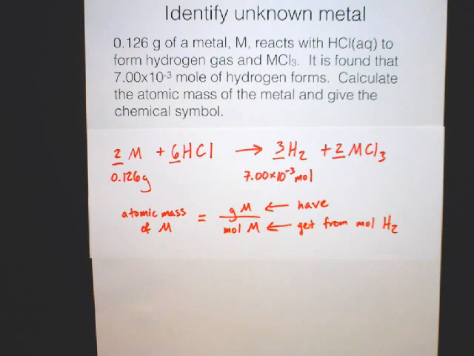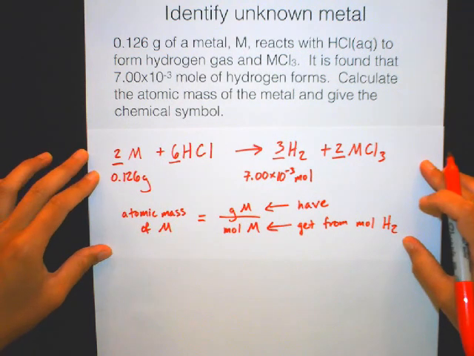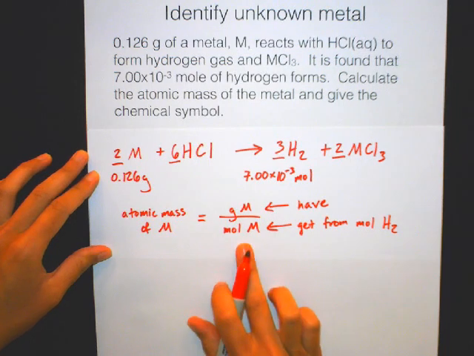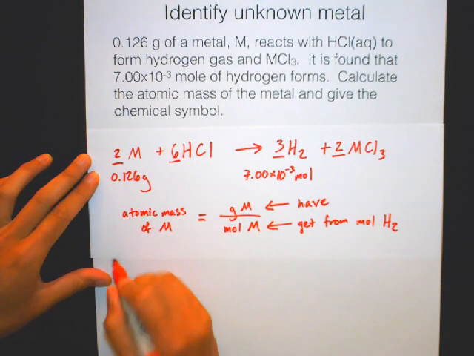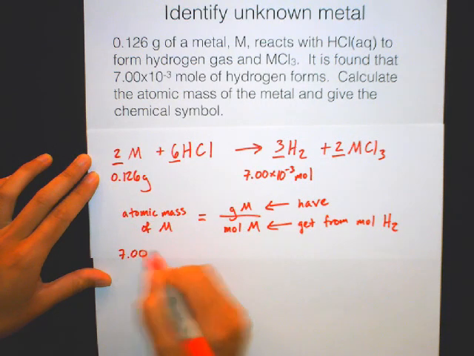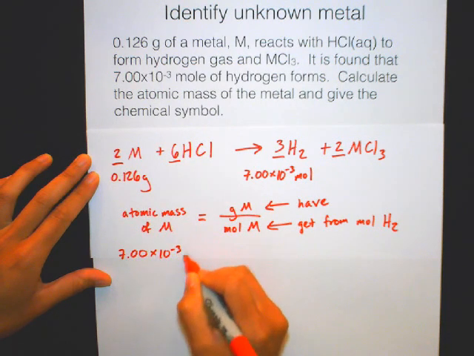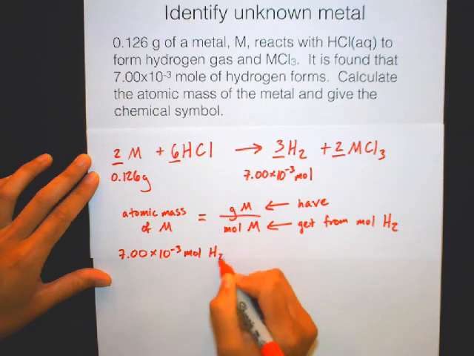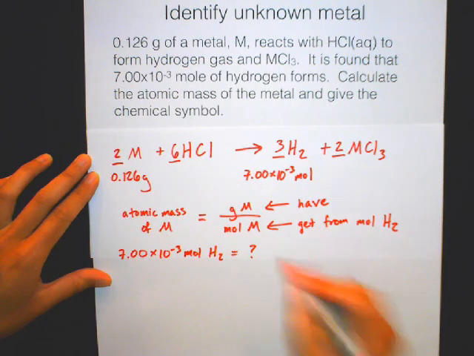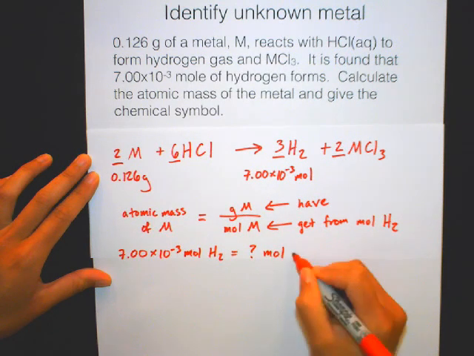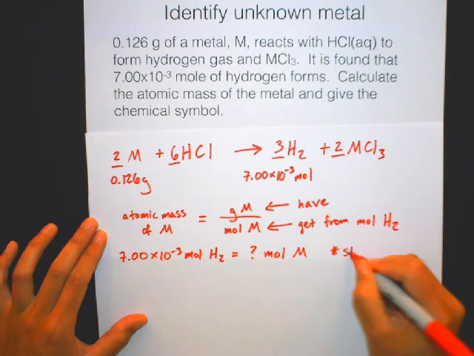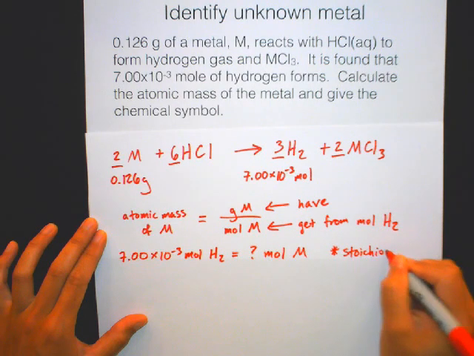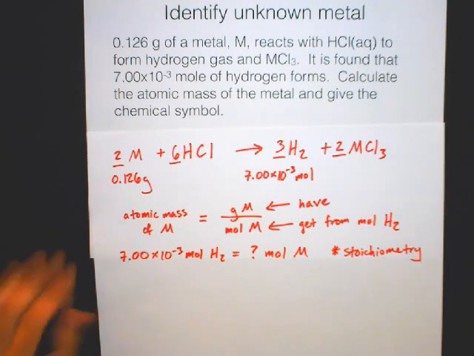from our moles of hydrogen using our skills in stoichiometry. So up to this point we haven't done any stoichiometry, but now we're going to use it to figure out the moles of M. So the stoichiometry we are about to do is converting our moles of H2 into moles of M. Right, so this is the point in our problem where we're actually doing stoichiometry.